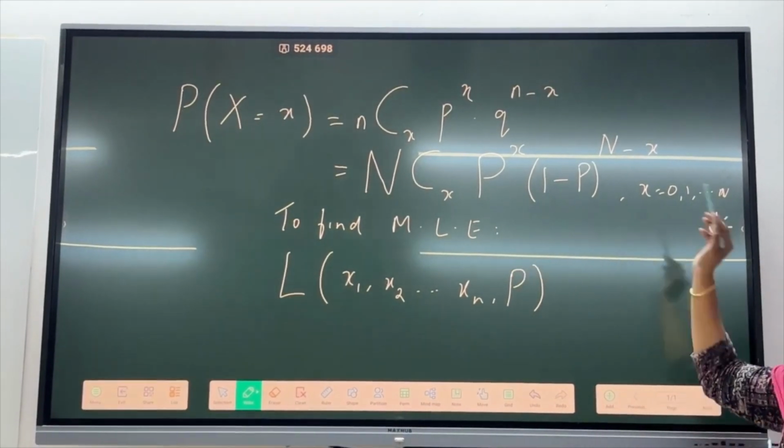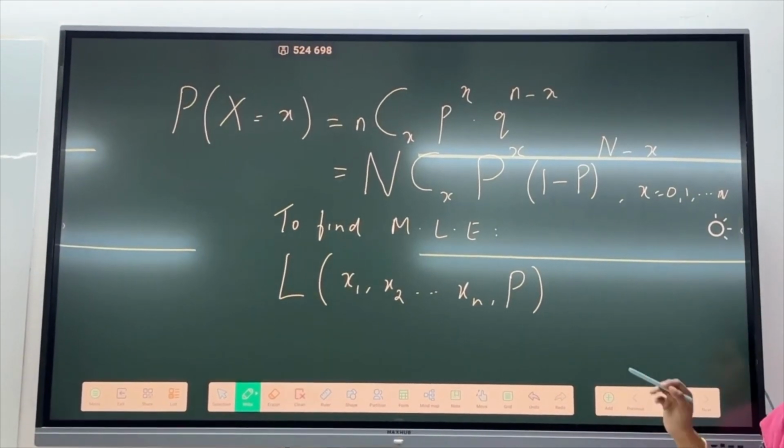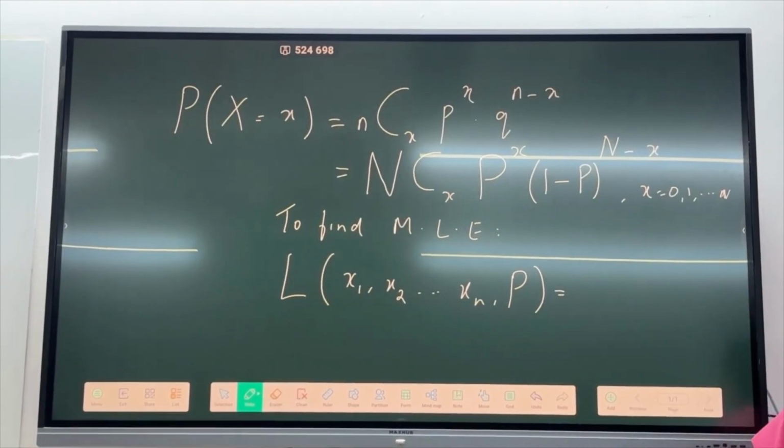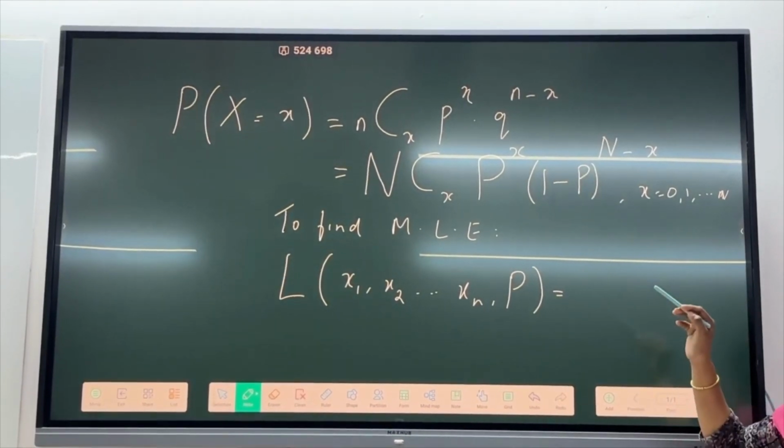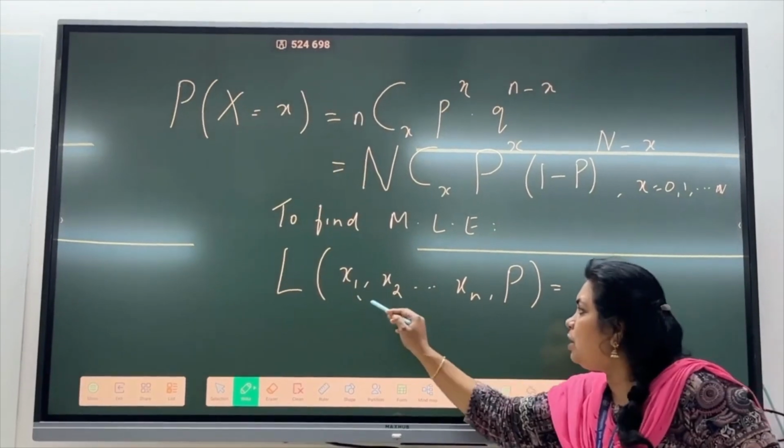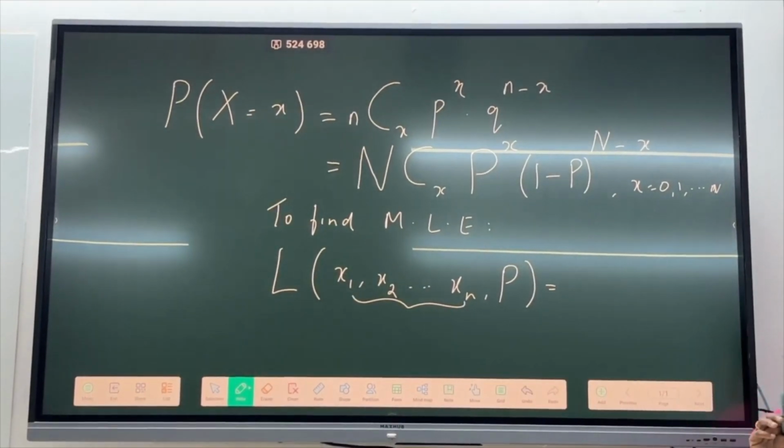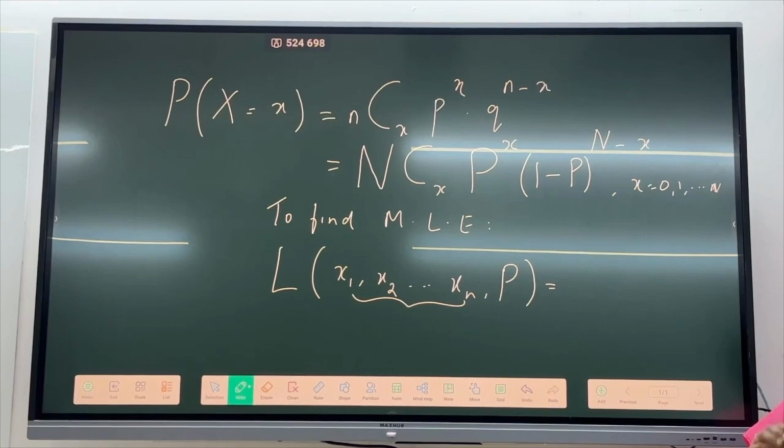Because your parameter is capital P, which is equal to the product for n number of terms.